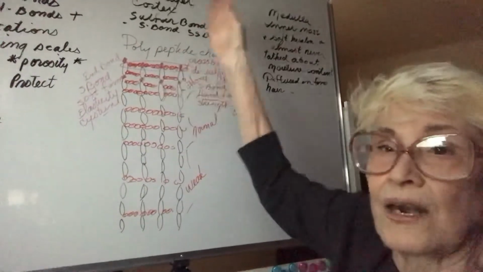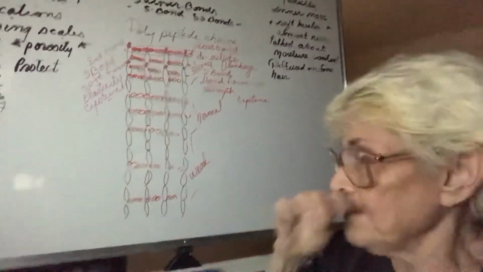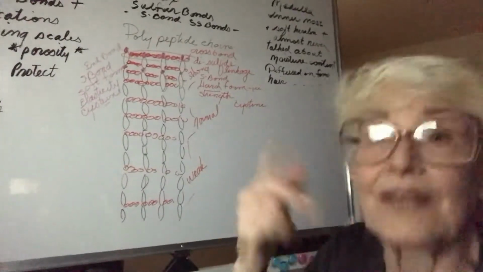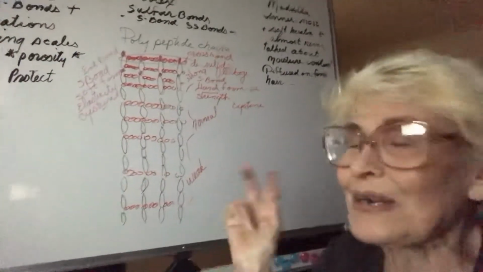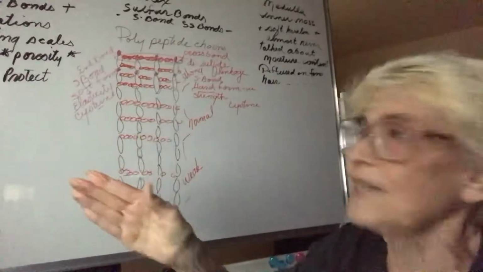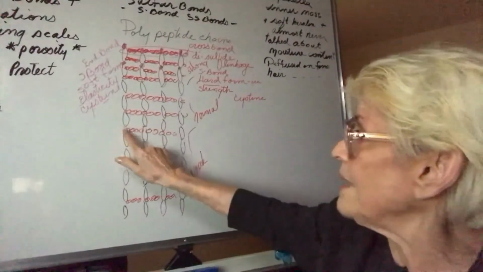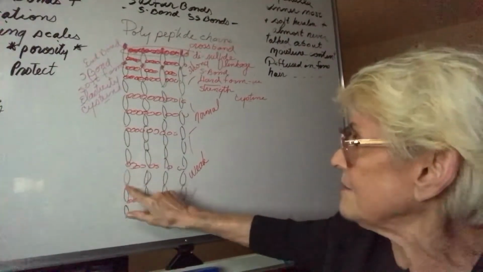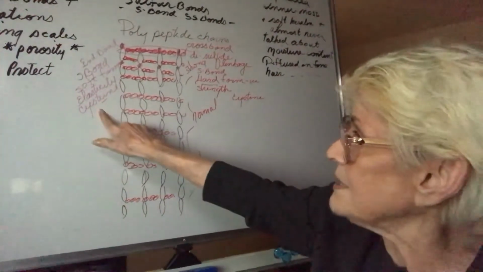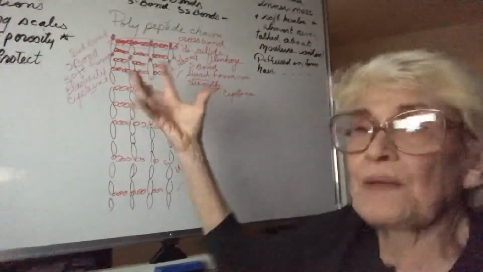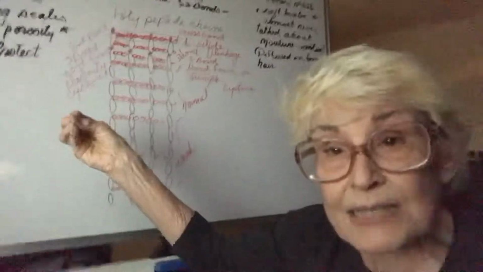Polypeptide chains are chains of amino acid proteins that kind of resemble Link sausage. Remember Oliver and Company, a little doggy with a little Link sausage wrapped around his neck. So it's the Link sausage. And each one of these chains is held together by a bond that's on the end. The end bond is an S bond. The cross bond that binds them together is also an S bond.